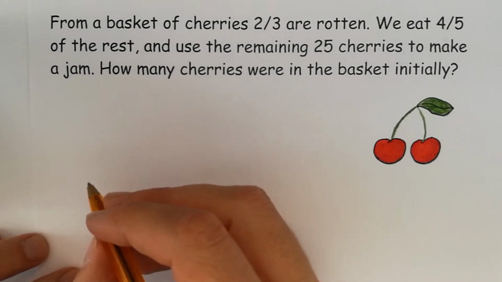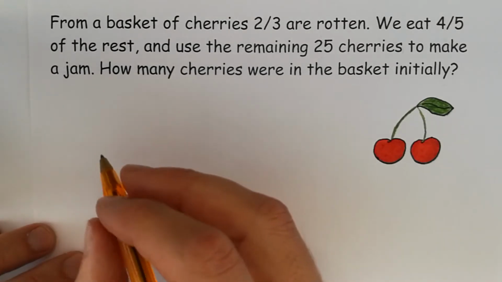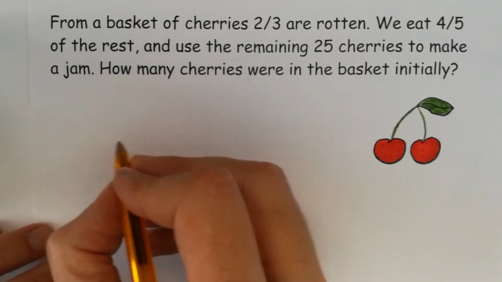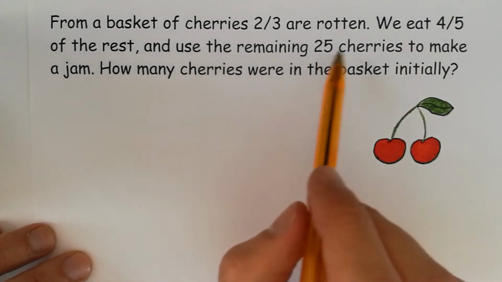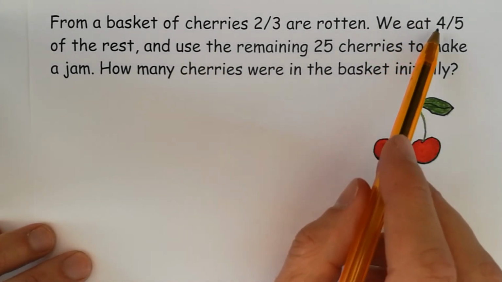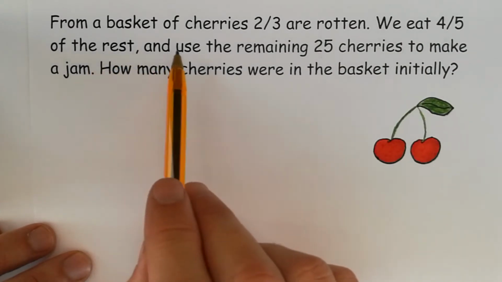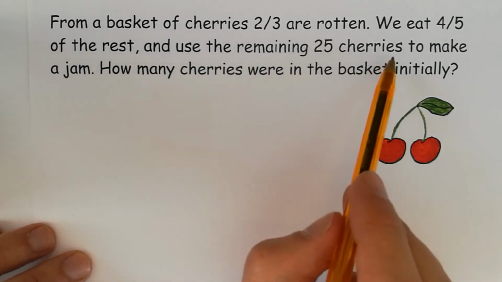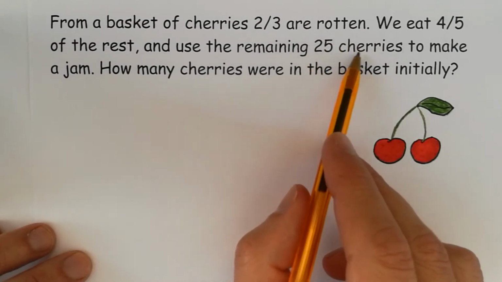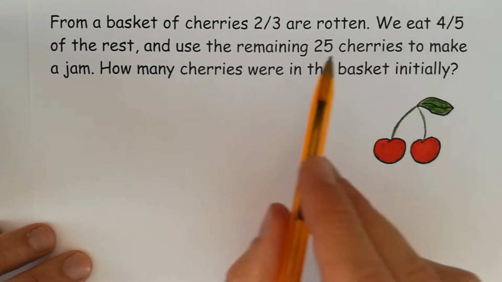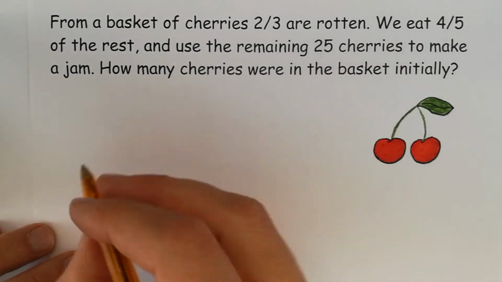For the first one, let's go to draw. We're going to draw, and if you read carefully, it says that here we eat 4/5 of the rest and use the remaining 25 cherries. So we can identify these 25 cherries with 1/5 of the rest.